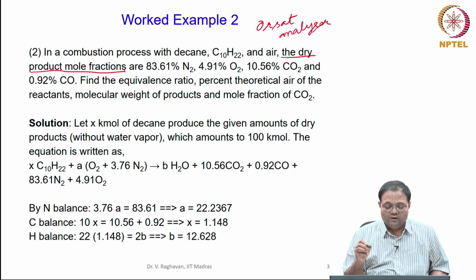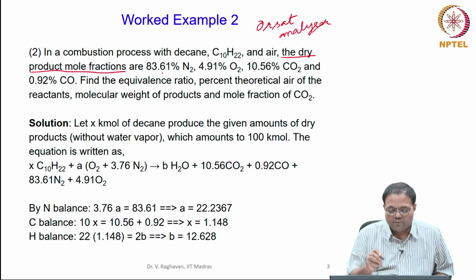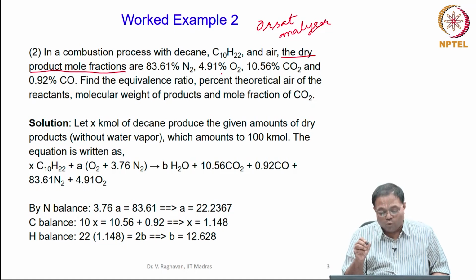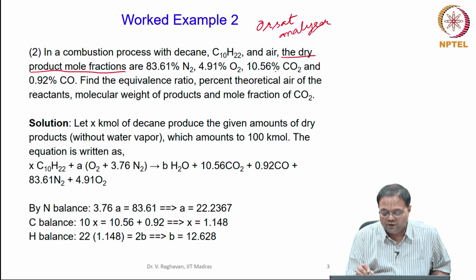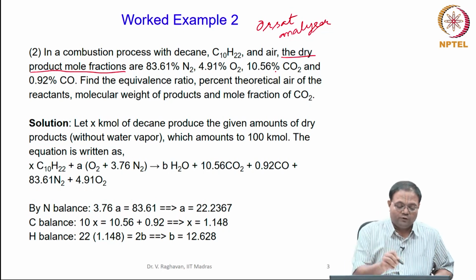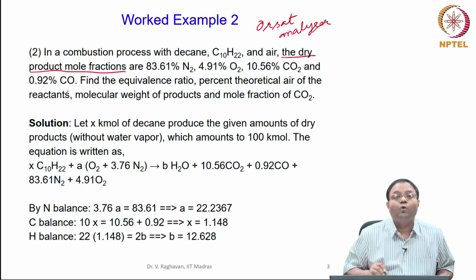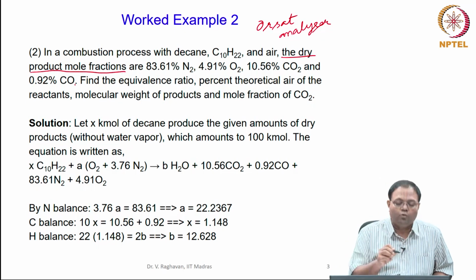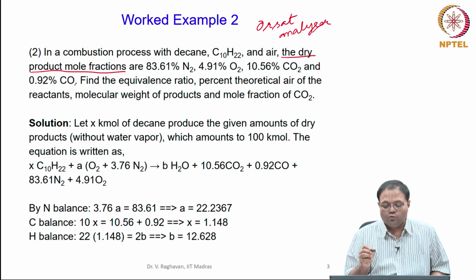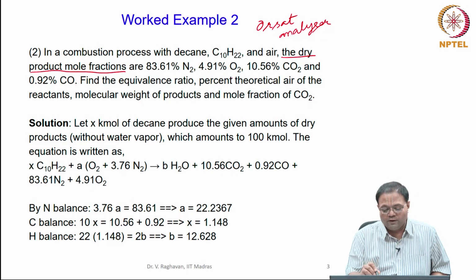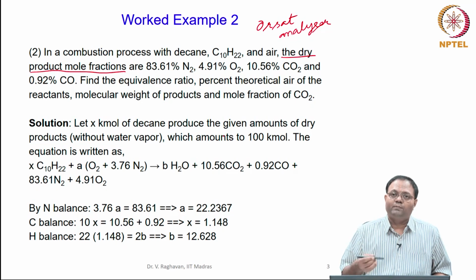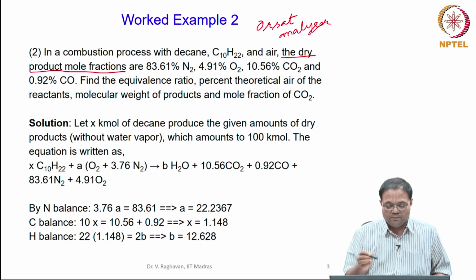Such an analysis presents 83.61 percent of nitrogen, 4.91 percent of O2 and 10.56 percent of CO2, and there is also some quantity of CO. So here O2 is present and CO is also present. That is what I told in the previous problem, that O2 may be there. Obviously this may be a problem where oxygen is supplied in excess of that required for complete combustion. However, due to some dissociation, CO is formed.